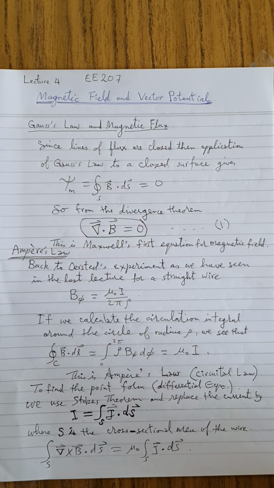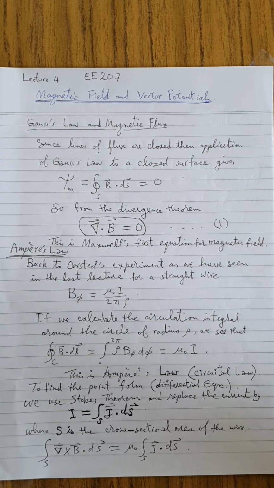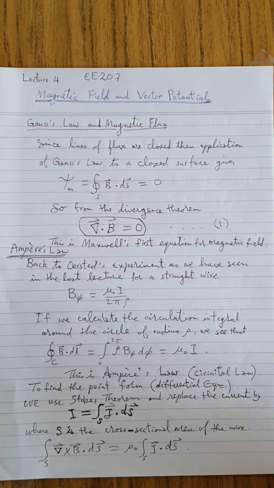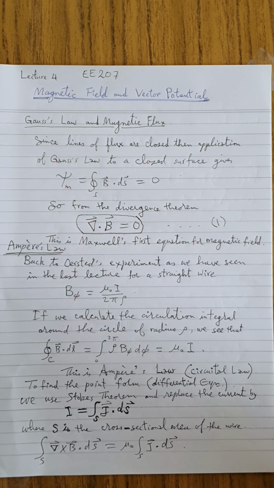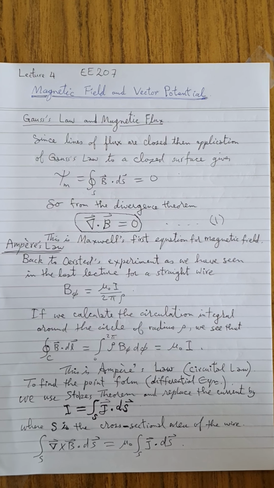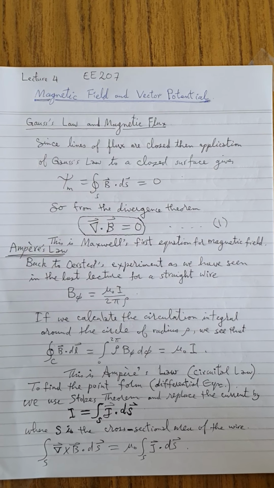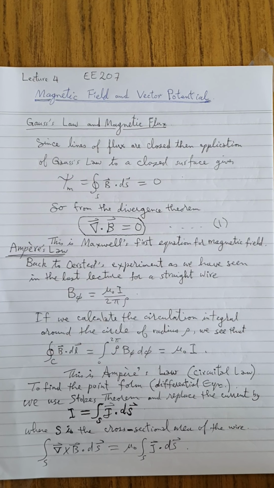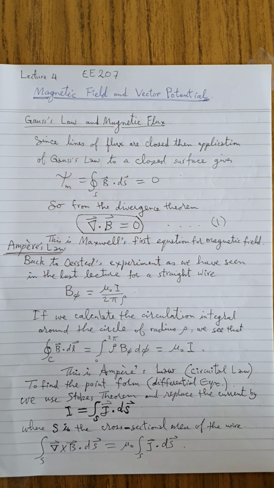Now, to find the point form or the differential equation of Ampere's law, we use Stokes' theorem and replace the current by the integration of the current density over the cross-section of the wire. So I is the integration over S of J dot ds, where S is the cross-sectional area of the wire.